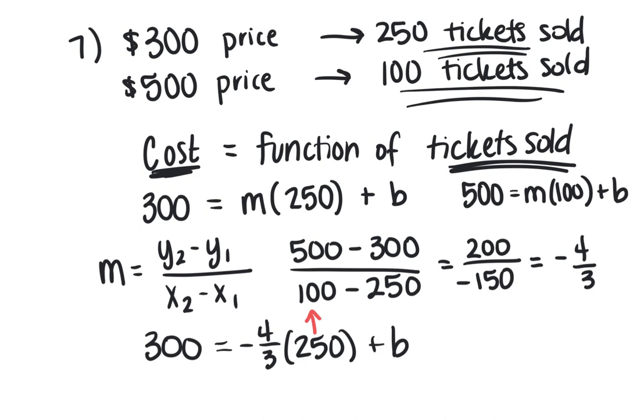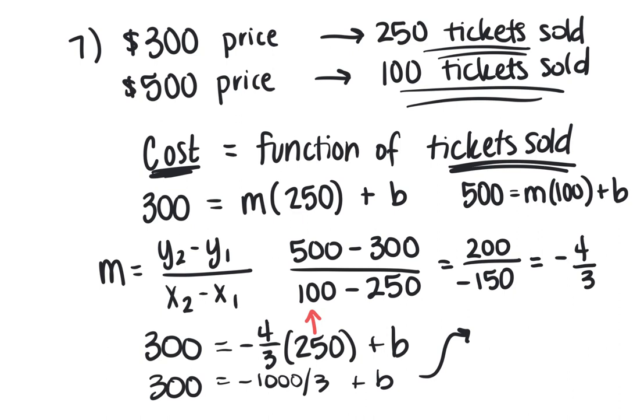Now, we do get a weird number here when we multiply. We get negative 1,000 thirds, or negative 333.3, and the threes go on. We need to solve this. I'm sorry, I ran out of room.